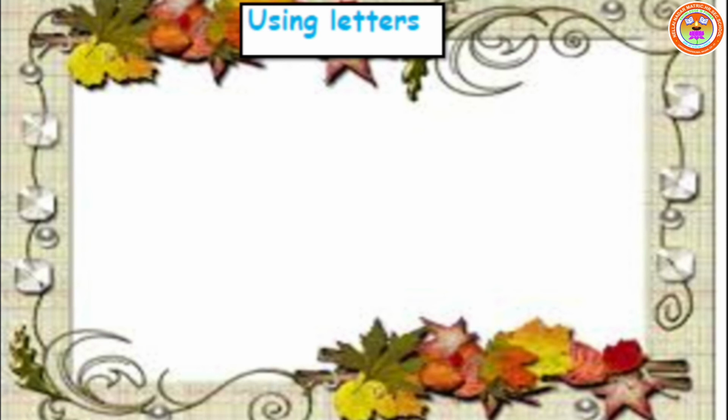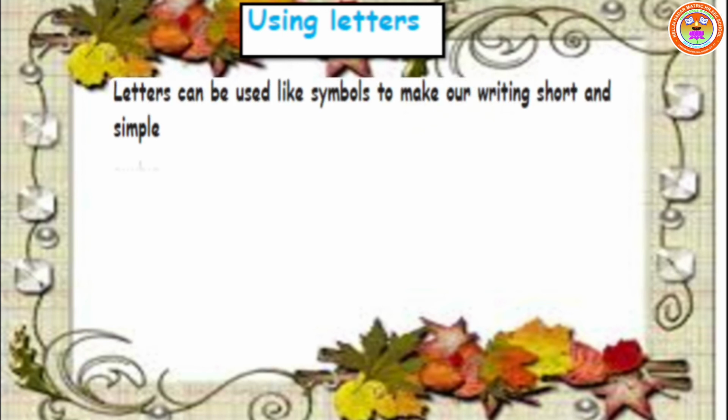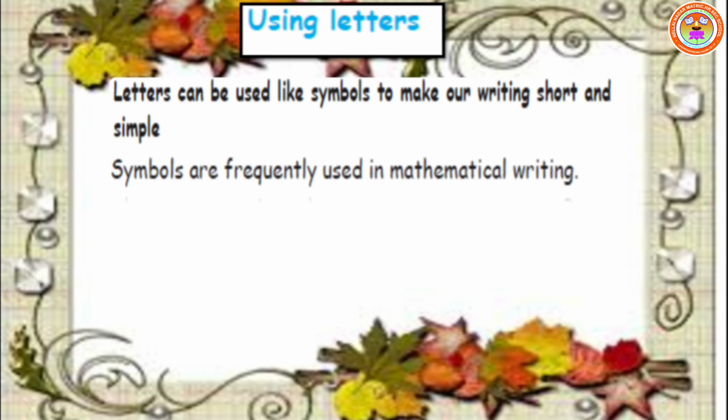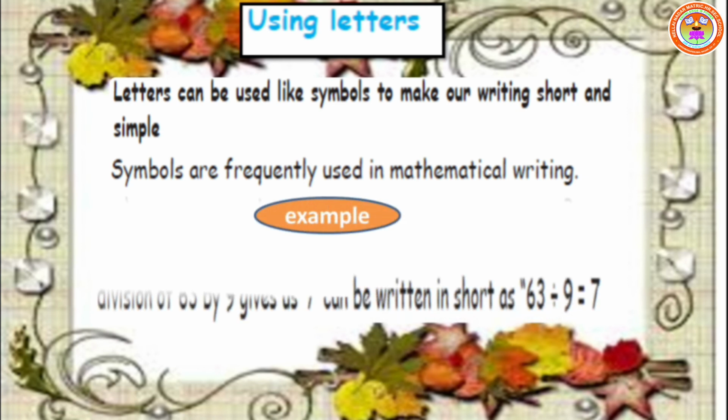Okay, hope you understand these two concepts. The next thing is using letters. Letters can be used like symbols to make our writing short and simple. Symbols are frequently used in mathematical writing. Example, division of 63 by 9 gives us 7. How can we write it in short form? 63 divided by 9 is equal to 7.